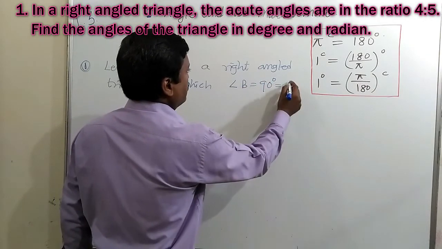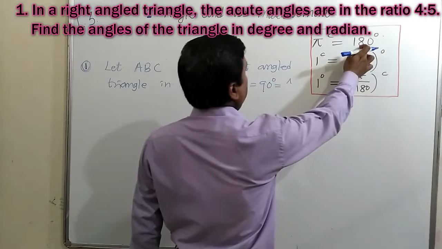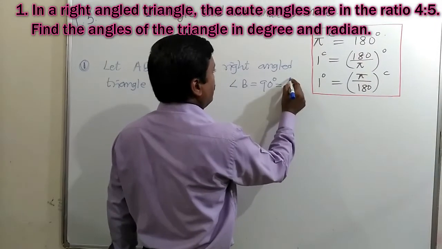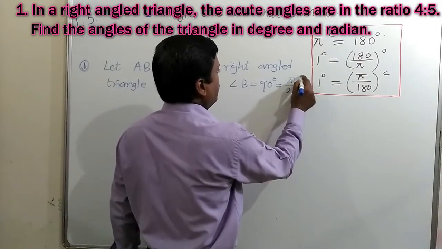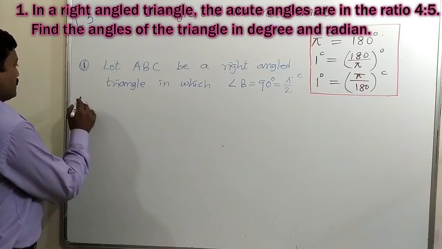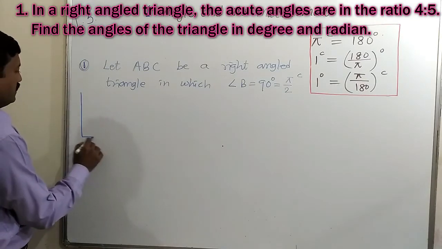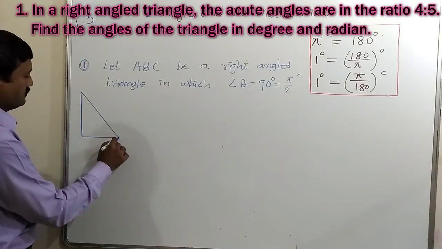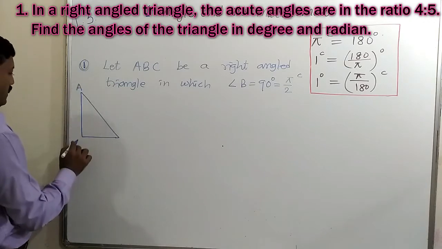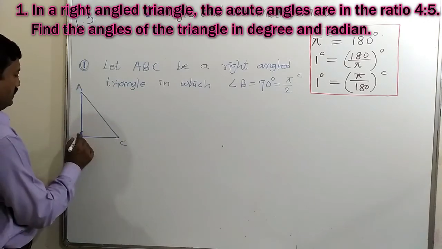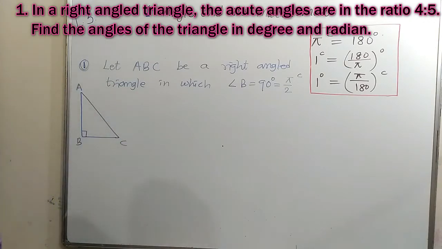Obviously, because 180 degree is equal to pi radian, 90 degree is equal to pi by 2 radian. Let us see the figure for this triangle ABC. This is A, B and C, in which angle B we have supposed as a right angle.